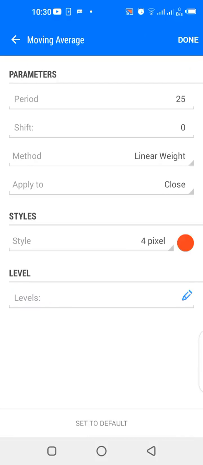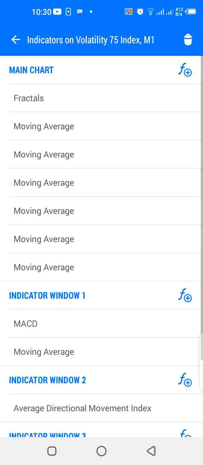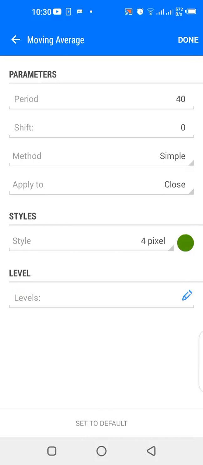And the fourth moving average on the main chart, the period is 25. Shift is 0. Method is linear weight. Apply to close and the color is red. While the fifth moving average, period is 40. Shift is 0.